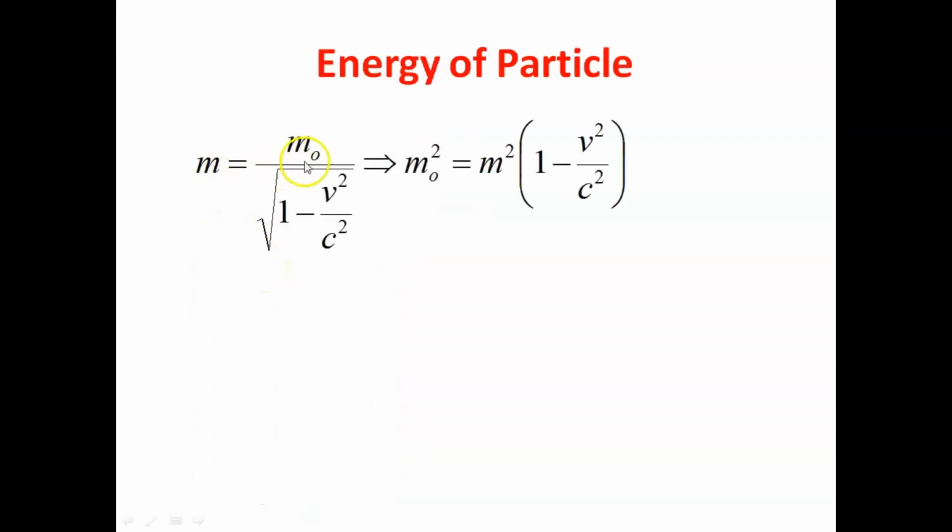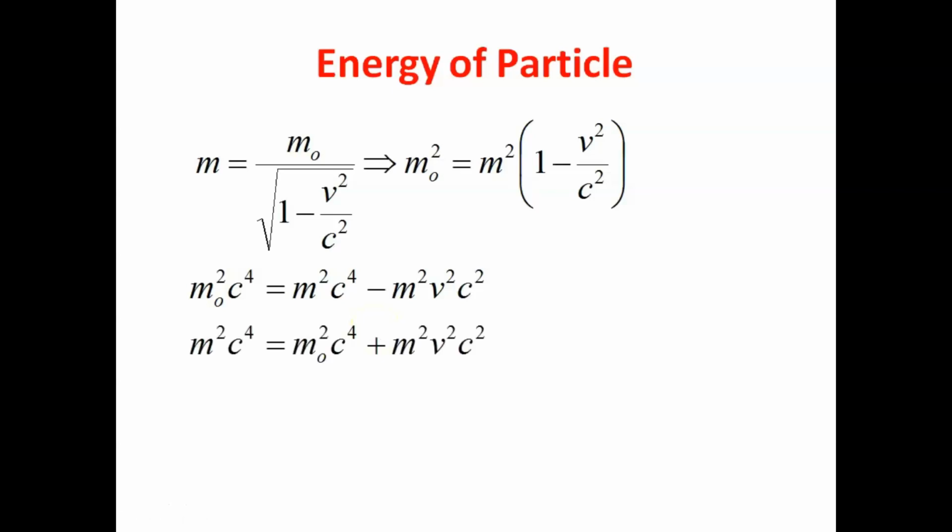Now m is equal to m0 upon under root of 1 minus v square by c square. So squaring and simplifying, we get m0 square equal to m square times 1 minus v square by c square, and multiplying both sides by c to the power 4, we have m0 square c to the power 4 is equal to m square c to the power 4 minus m square v square c square.